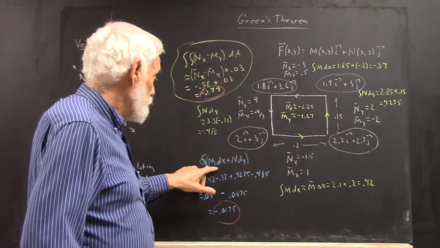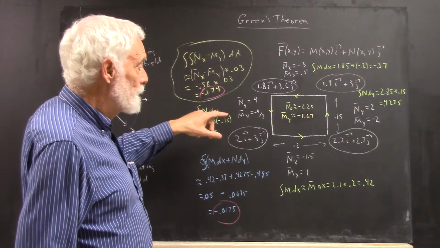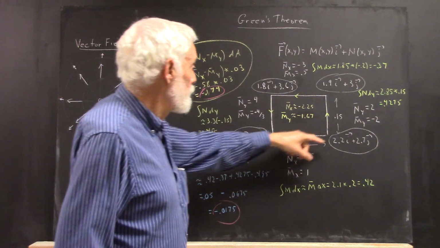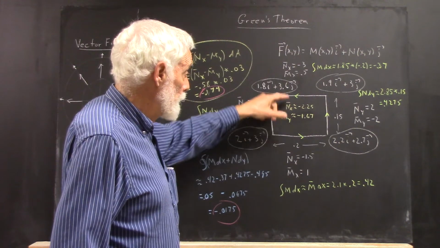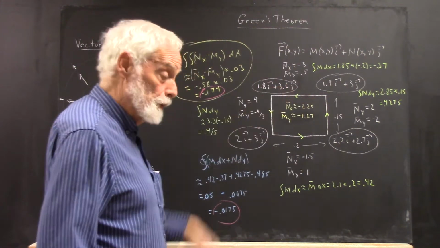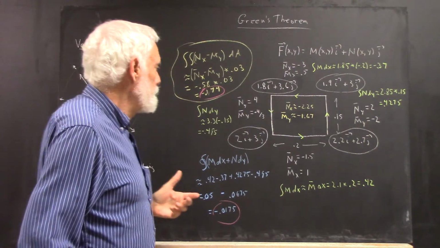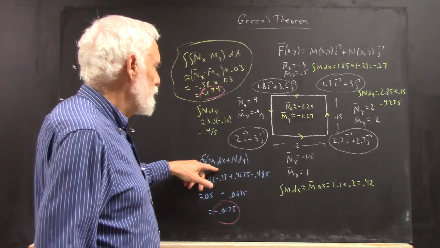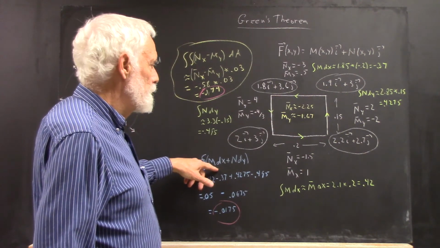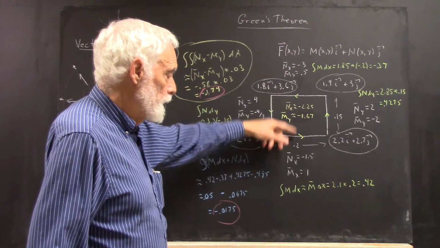Again, the integral of m dx would be 0 if m wasn't changing with respect to y, because again you have the same numbers down here you have up here going in opposite directions. The integral of m dx is non-zero due to the rate of change of m as y changes.